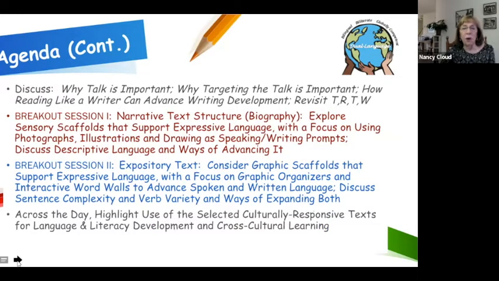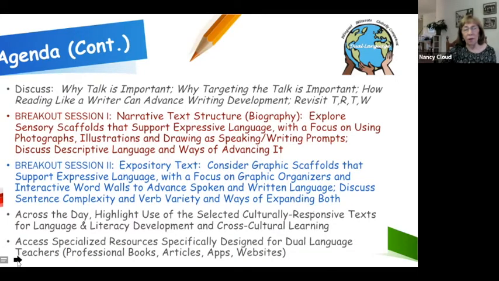And of course, as we go along, we've selected every text you're going to see because we know it's culturally responsive. And so we need that type of text to promote language and literacy development and also cross-cultural learning. And then in the last few minutes of today, we will share with you what's on the Padlet that we think will be of use to you in the future. So that's where we're headed.